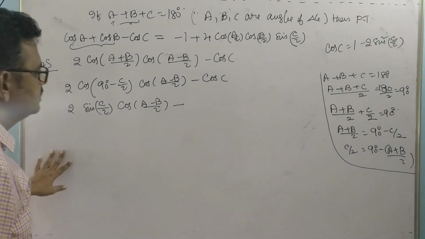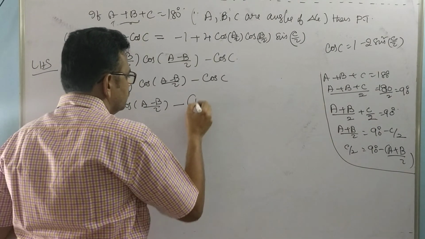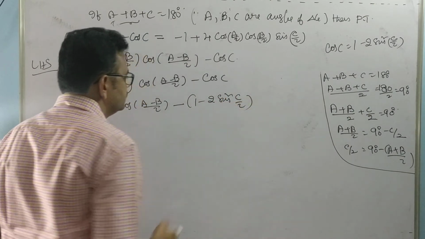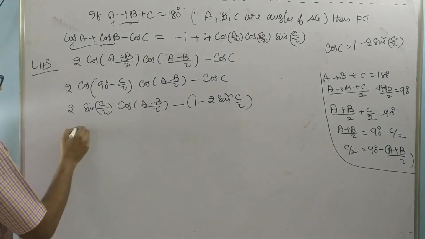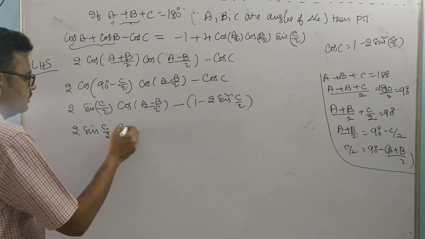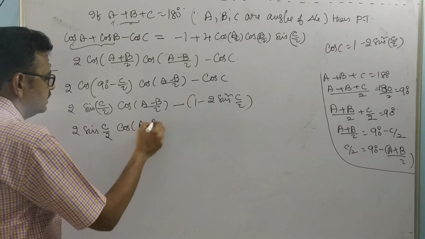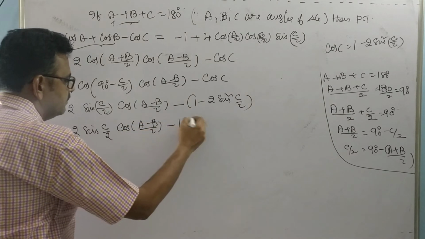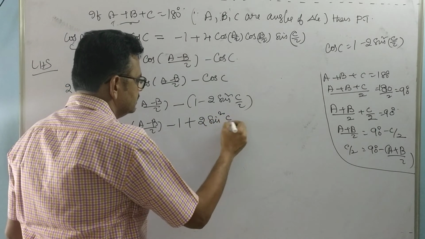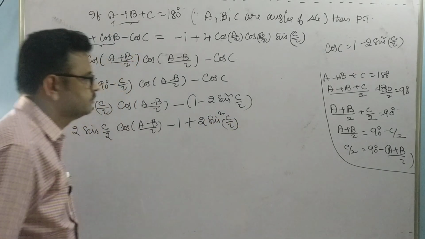So minus of (1 minus 2 sin square C by 2). So this is 2 sin C by 2 into cos of (A minus B) by 2 minus 1 plus 2 sin square C by 2.